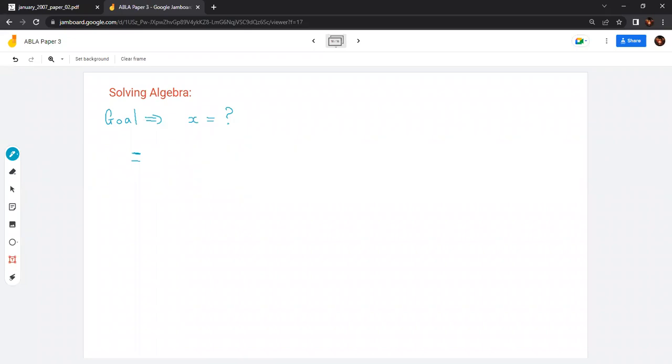Now think of your equal sign as a portal where once you cross the equal sign, you change the operation. So if something was adding, the opposite will be minusing. If something was minusing, when I carry it across, it becomes adding. If something was multiplying, when it goes across, it's going to be dividing.